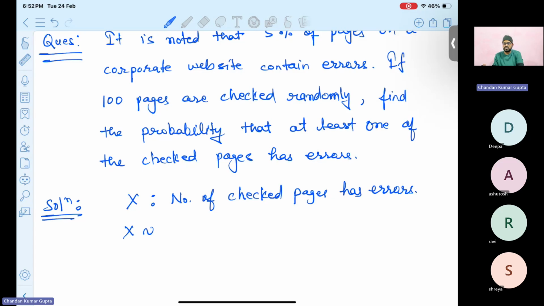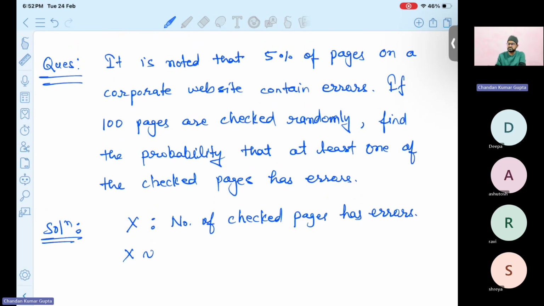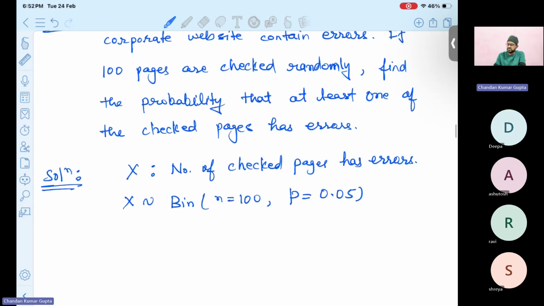If you may recall, every distribution has a different kind of property. In this scenario, this random variable X is not normally distributed, it is binomially distributed, with n equal to 100 and p equal to 0.05 or 5%. So we are given n and p.